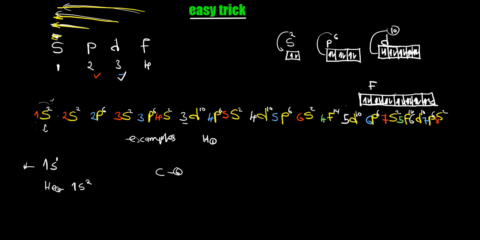I'll write first 1s with 2 electrons, because I know it will be filled if it is more than 2 electrons. Then 2s again 2, adding up to 4. Now I'll bring this p orbital. So I'll write 2p. How many have I remained with from 6? I've used 4 already, so this will be 2. So I end there. This is the electron configuration for carbon.